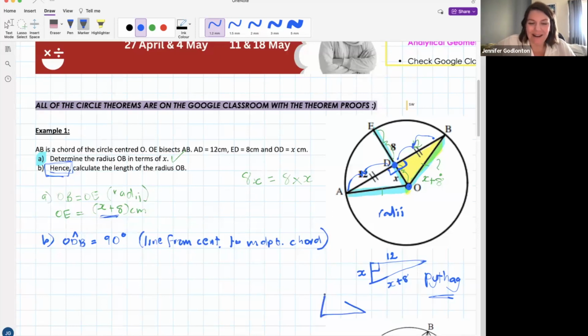Let me write it with A's and B's and C's so that it's a little bit less complicated. Who remembers what the rule of Pythagoras does? Caitlin, can you tell me the name of Pythagoras and not its rule?